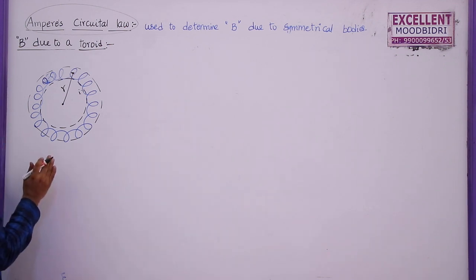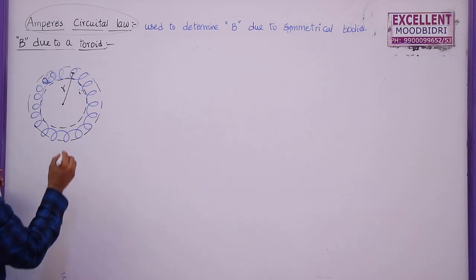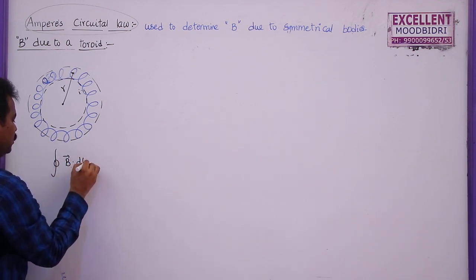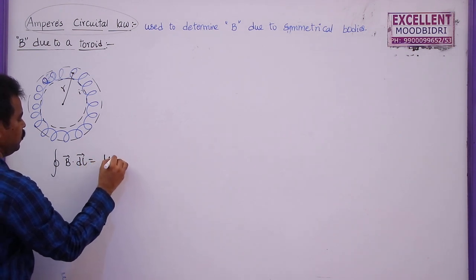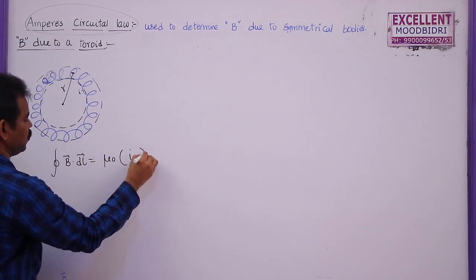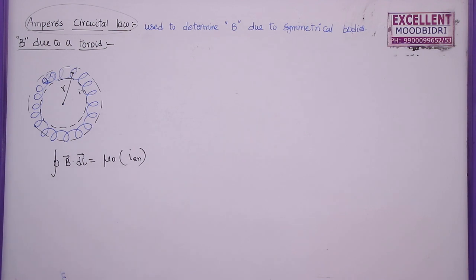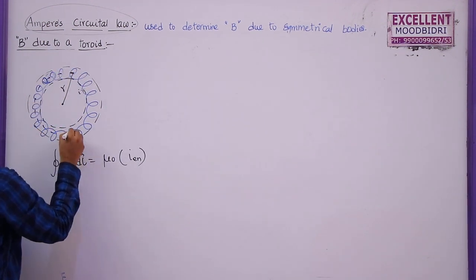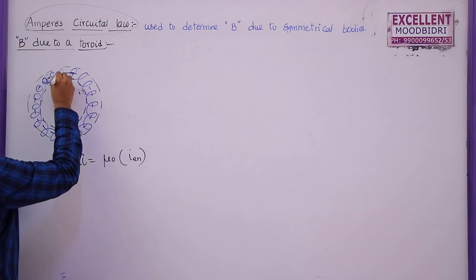Now if you want to find out the magnetic field due to this one, now we can write line integral of B bar dot dl bar is equal to mu naught times the current enclosed by the Amperean loop. I am going to take one closed Amperean loop like this.